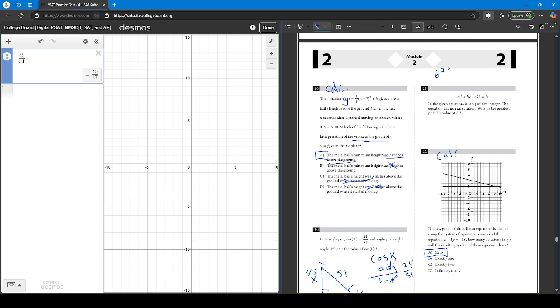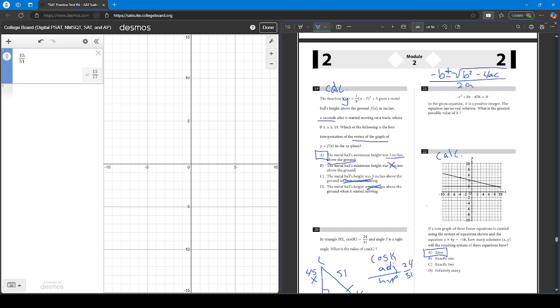Wait, I want to erase. Negative b plus or minus the square root of b squared minus 4ac all over 2a, right?